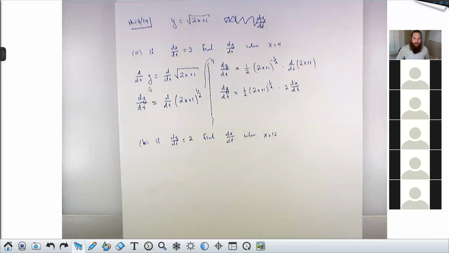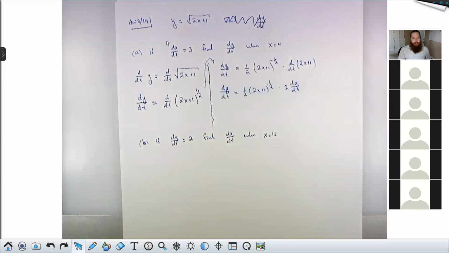So just like d dt applied to y is dy dt, d dt applied to x is dx dt. The 2 is a multiplicative constant, so it comes along for the ride, and the 1 differentiates to 0. It's an additive constant. So this is my differential relationship.